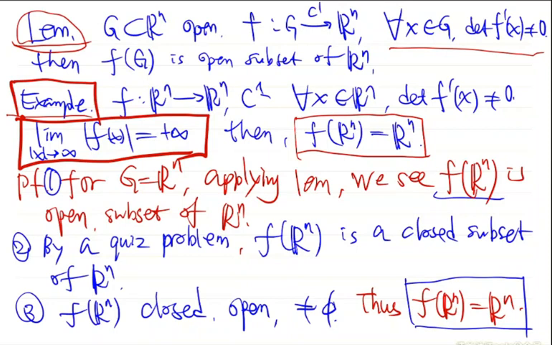I repeat it again. The only closed and open subset, if not empty, must be Rn itself. So this subset is closed and open and not empty. Therefore, according to the result I just recalled, it must be Rn. Okay, so this is an interesting application of the open mapping lemma we just proved. Okay.